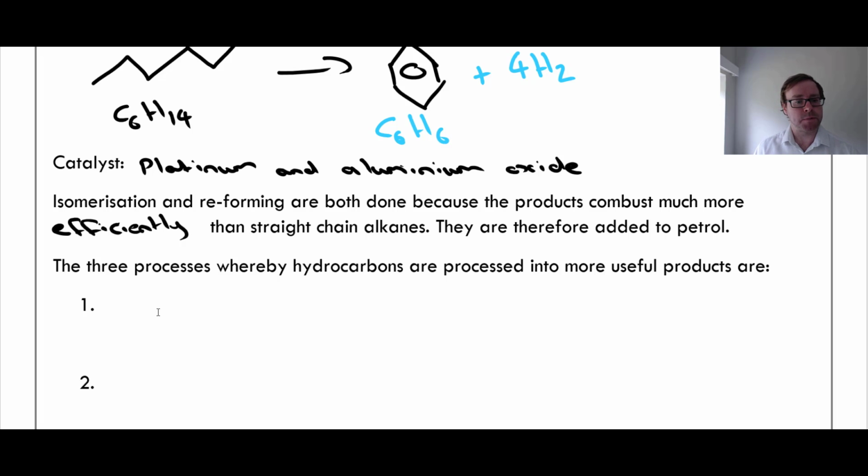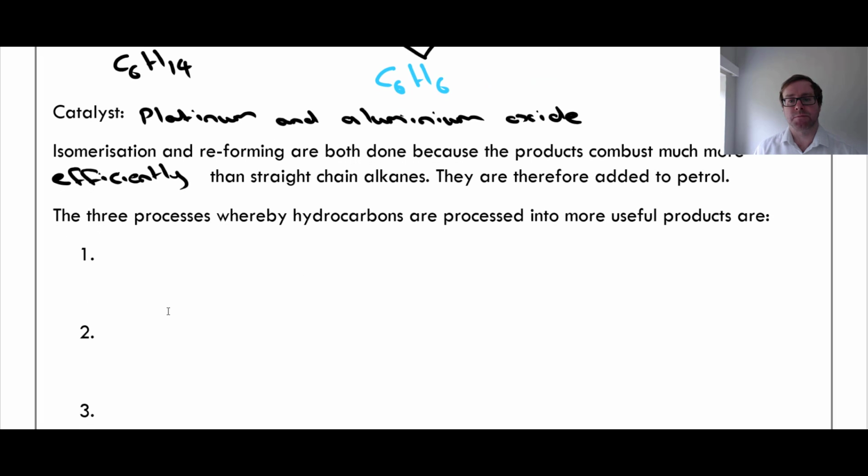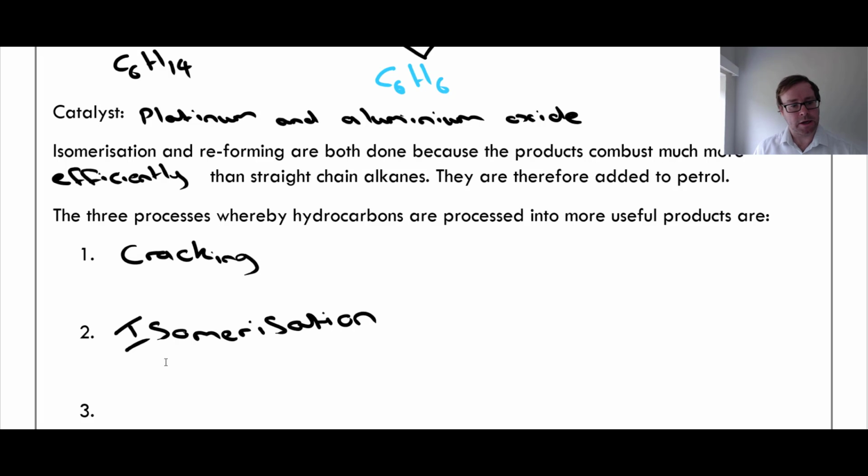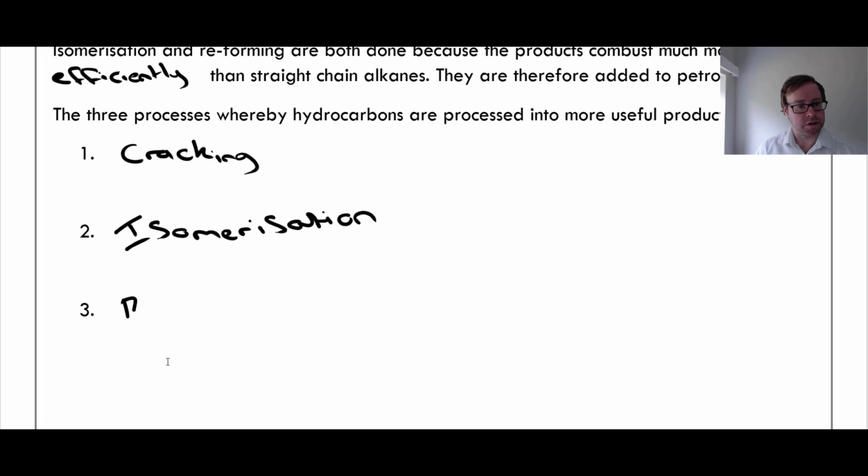So the 3 processes whereby hydrocarbons are produced into more useful products are: first one, cracking; second one, isomerization; and third one, reforming. You may see it with a hyphen, you may not.